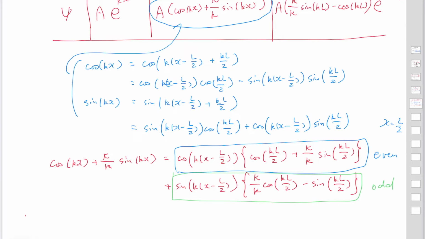So functions can be expressed as the sum of an even function and an odd function. All functions can be expressed this way. Psi inside the box can be expressed as the sum of an even function and an odd function.